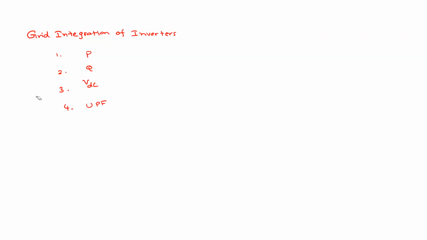In one of our previous classes, when we discussed active rectifiers last semester, we have seen this, right? How to control the inverter in current control method and voltage control method. In both cases, we maintain VDC, the voltage across the DC link, constant.